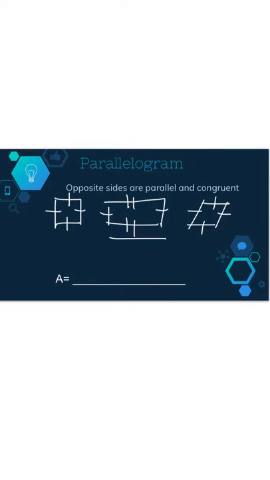And it could look like this. Remember, where you have just one dash, that means all the sides that have one dash are the same length. Where you have two dashes, only those sides are the same length. The formula for area is base times height.